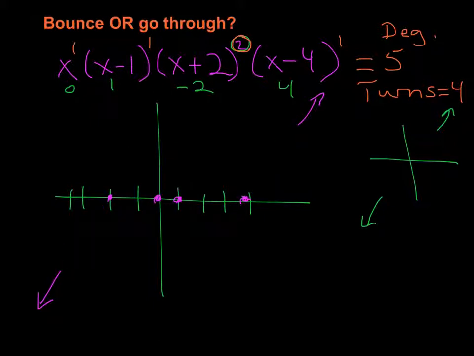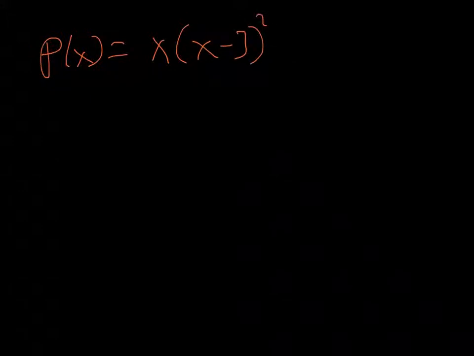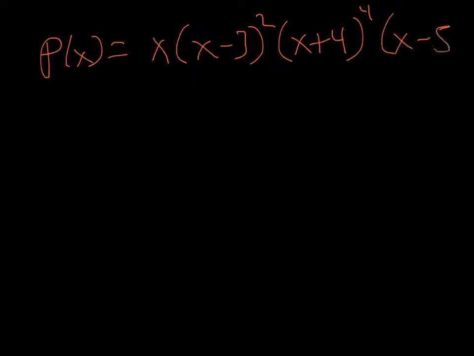So let's do another example. Let me put another example up here. Let's do P of x equals x minus 3 squared, x plus 4 to the 4th power, x minus 5, something like that. So let's add up all of our degrees.